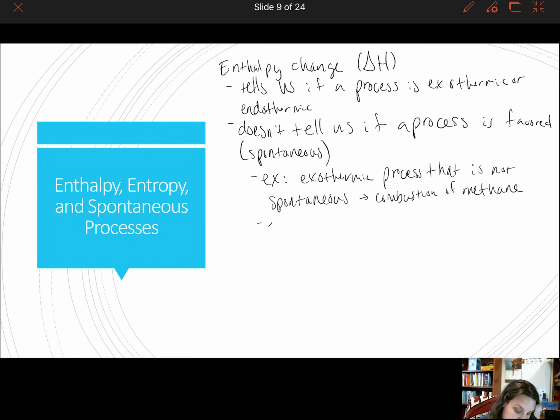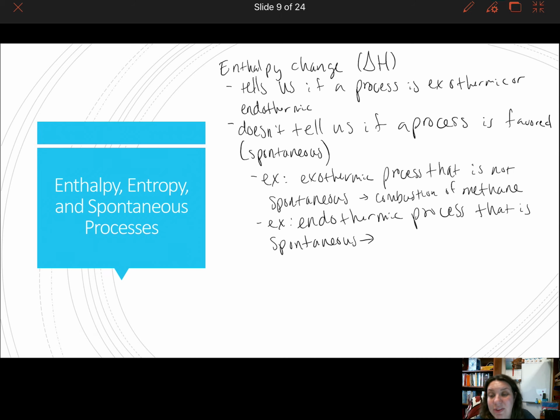And then we could also look at endothermic processes that are spontaneous. For instance, melting ice at room temperature.